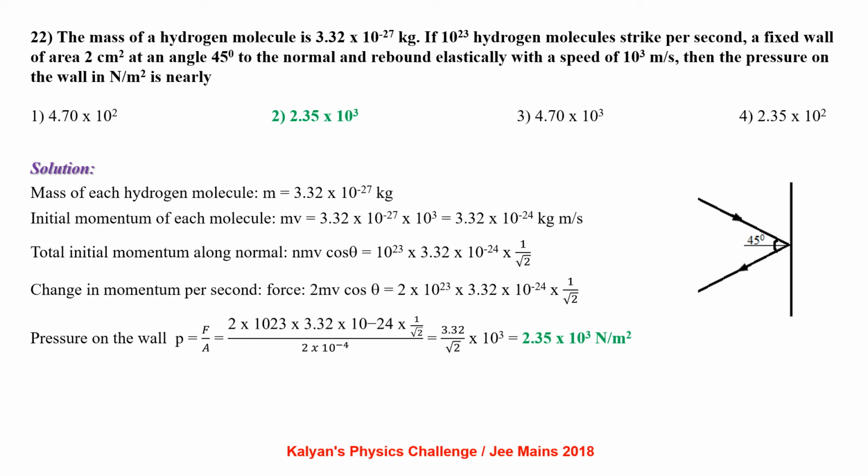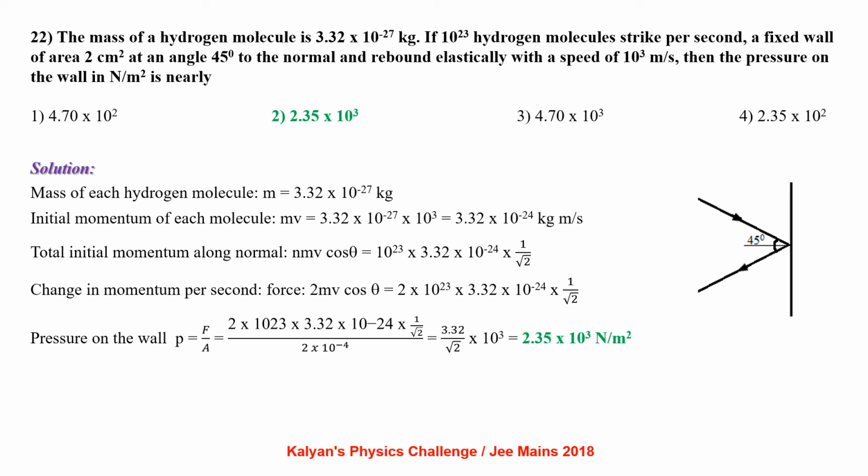Mass of each hydrogen molecule is 3.32 into 10 power minus 27 kg. Initial momentum of each molecule is mv, that is 3.32 into 10 power minus 27 into 10 power 3, that is 3.32 into 10 power minus 24 kg meter per second. Total initial momentum along the normal is n into mv cos theta.